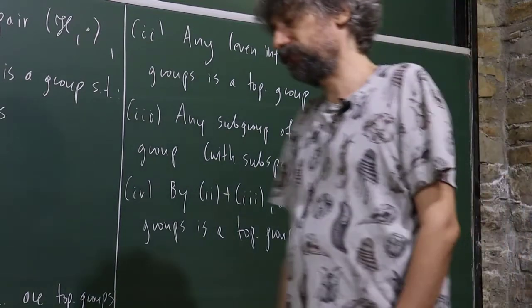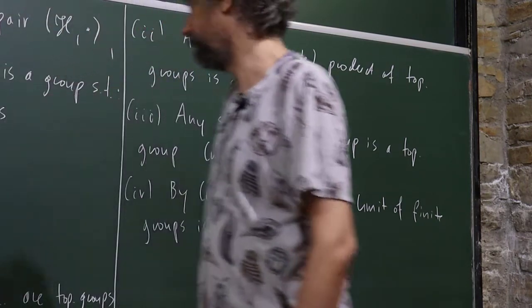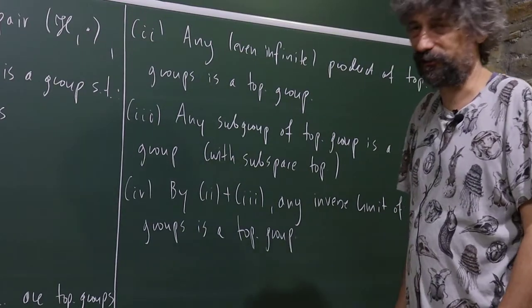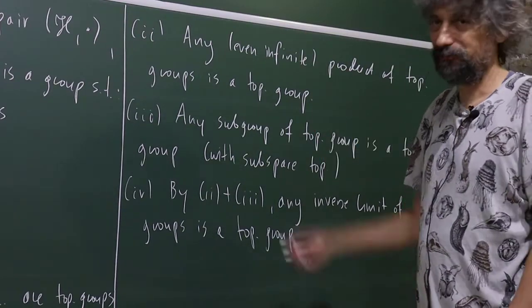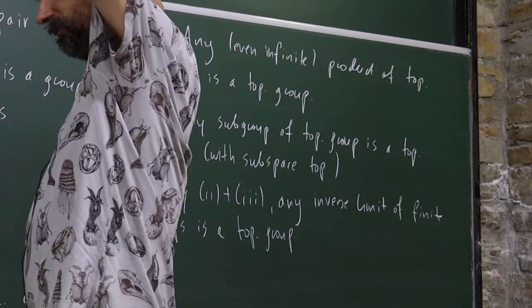Actually, one could do much more general things. One can take inverse limits of topological spaces, they become topological spaces. And the inverse limit of topological groups is a topological group again by all of this. But we are interested in this case.